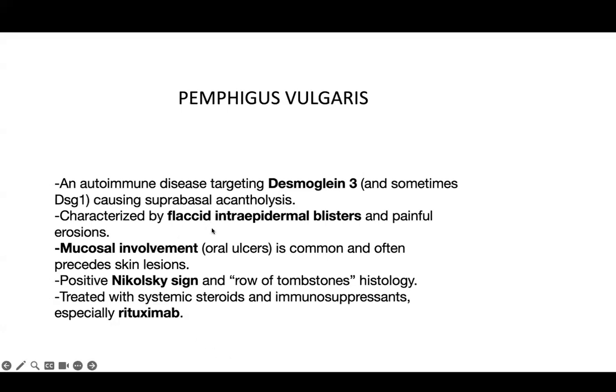They have flaccid blisters and prominent mucosal involvement with oral erosions in different parts of the mouth. So we need to examine the gingiva, the palate, the buccal mucosa, and the lips, and it usually has a positive Nikolsky sign.